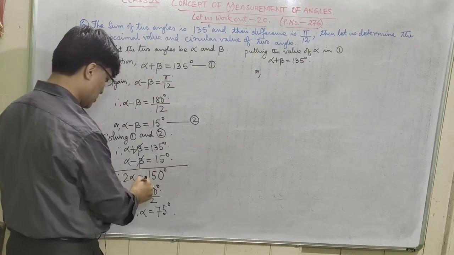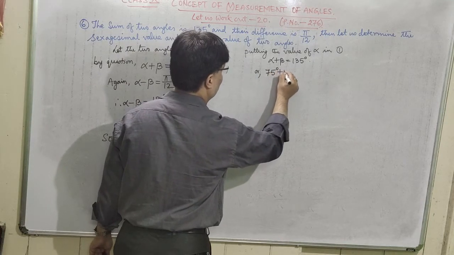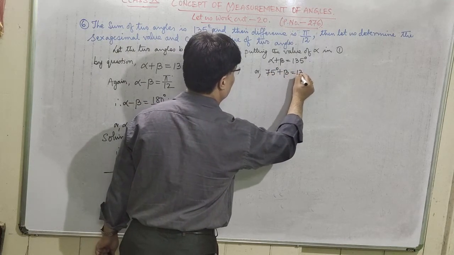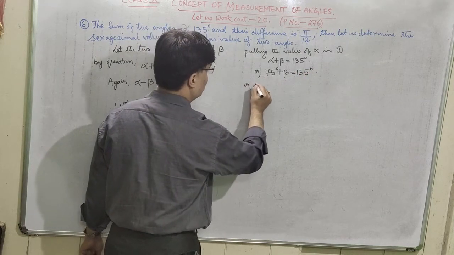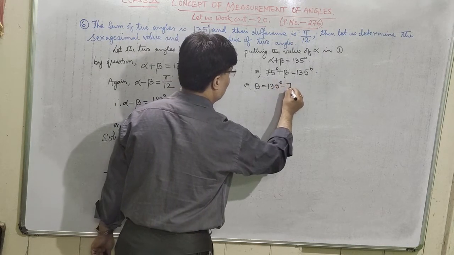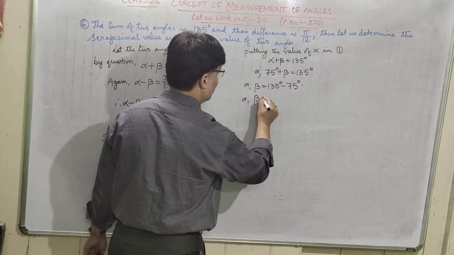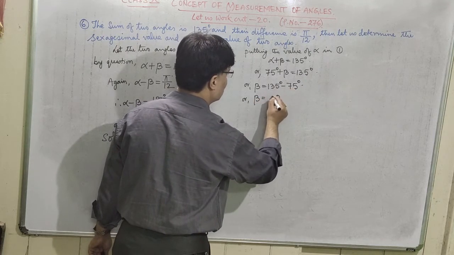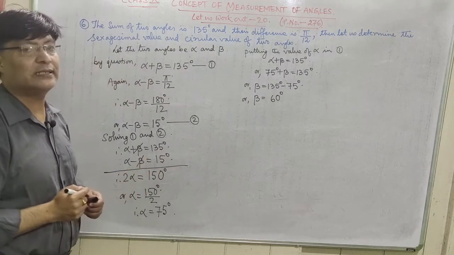Or what is alpha here? It is 75 degree plus beta is equal to 135 degree. Or what is beta is equal to? It is 135 degree minus 75 degree. Or what is the value for beta? 5 minus 5 is 0, 13 minus 7 is 6. That is your beta is equal to 60 degree.